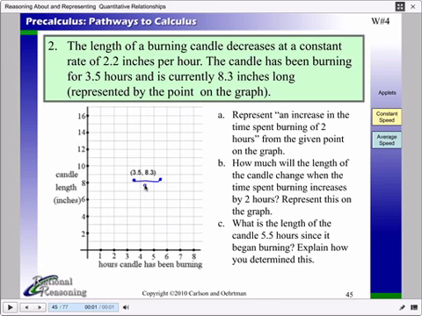So it might be delta t. And that delta t is 2. And in those 2 hours, how much did the candle decrease by? It decreased by 4.4. So 1, 2, 3, 4. So that's our delta H. And we said that that delta H is negative 4.4, over a time of 2.